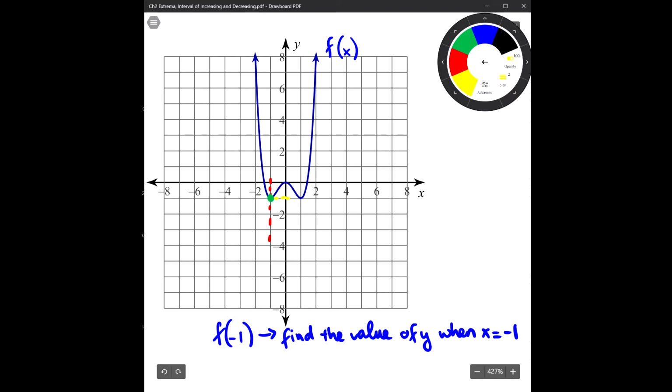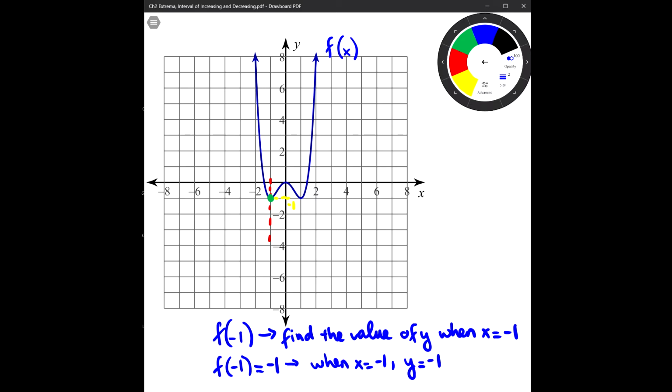So what we get is also -1 here. So I go back here, I have f of -1 equals -1. What this really means is when x equals -1, your y value is also equal to -1 on the graph.